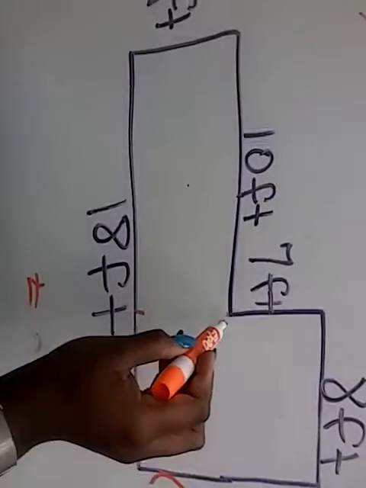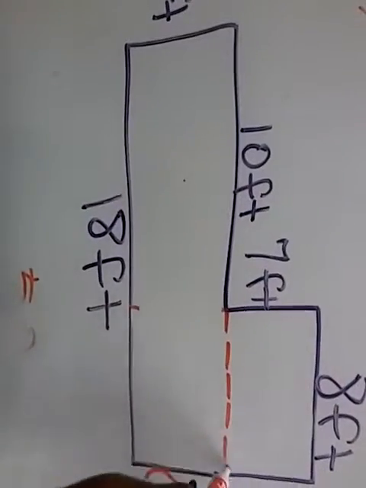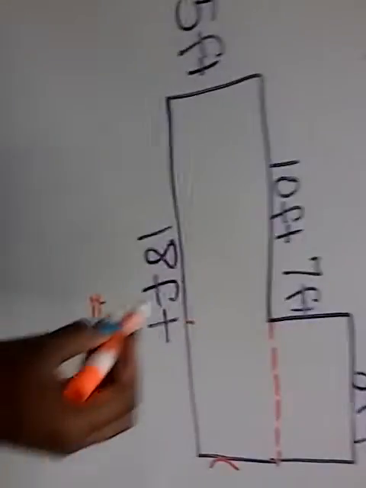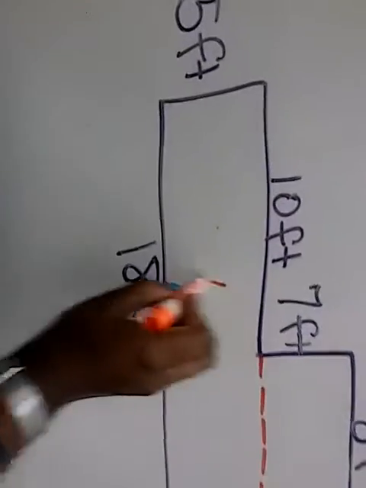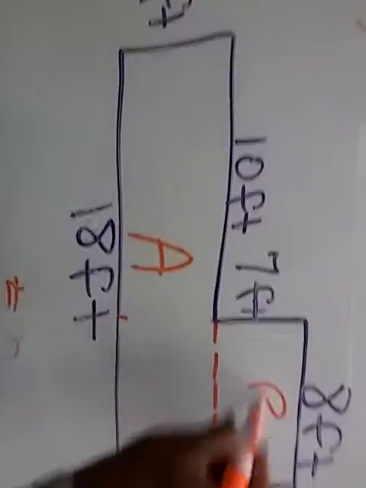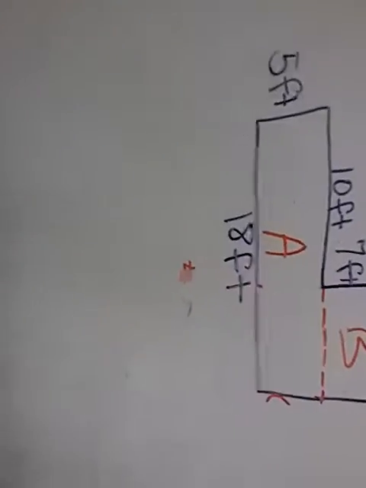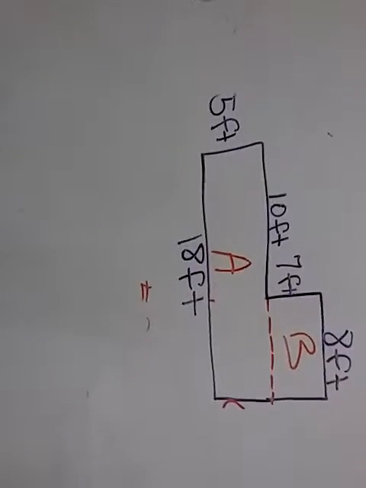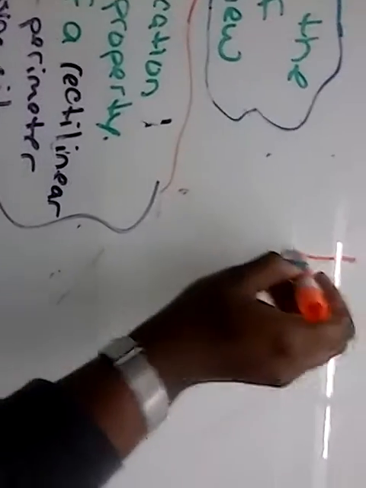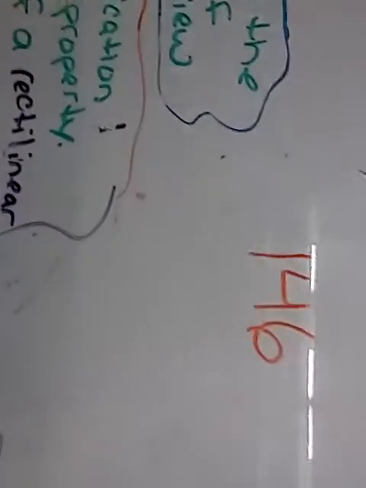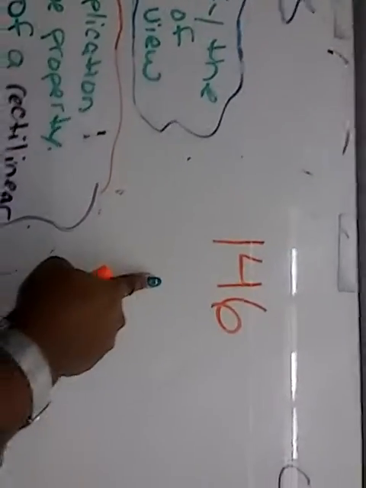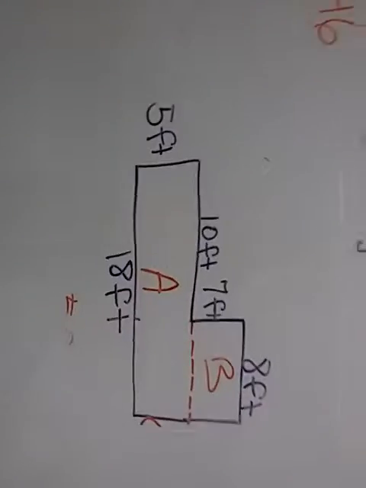So let's say I don't want my rectangle to go down here. I want to divide my rectangle this way. So we're going to label this rectangle A, and let's label this one B. Remember, we came up with an area for the whole rectilinear shape of 146, and let's see if we're going to get the same.